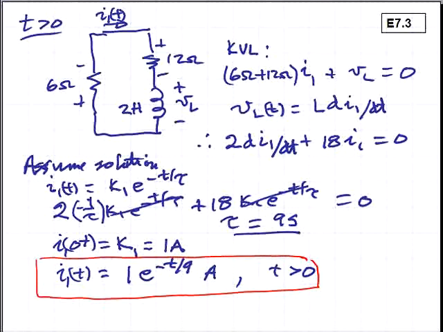As a matter of interest, you might consider KVL around the loop for t equals 0 plus to determine V sub L at 0 plus.